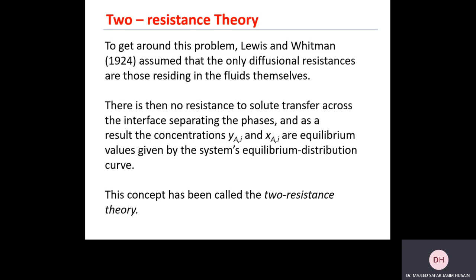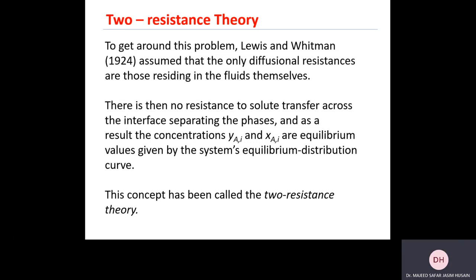There is then no resistance across the interface separating the phases, and as a result, the concentrations YAI and XAI are in equilibrium. There is no resistance, that means they are in equilibrium, given by the system equilibrium distribution curve. This concept has been called two resistance theory.